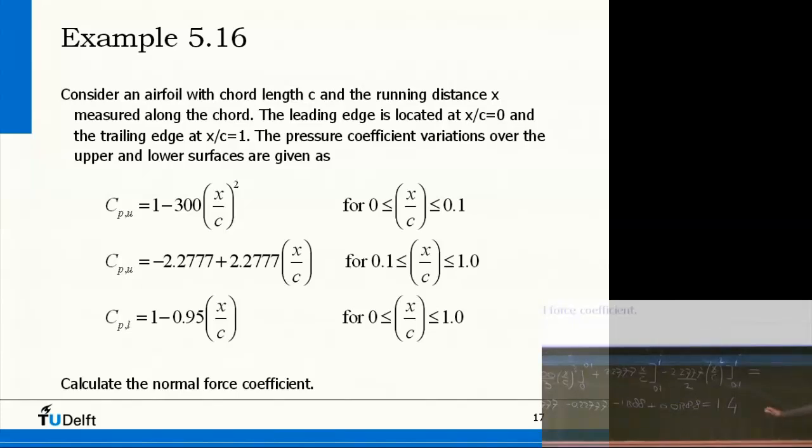Because this is a normal force coefficient. So Cn is 1.4 is equal to n over Q infinite times C. We have S times 1, right? So the normal force is 1.4 times the dynamic pressure times the chord. Yeah? Okay.